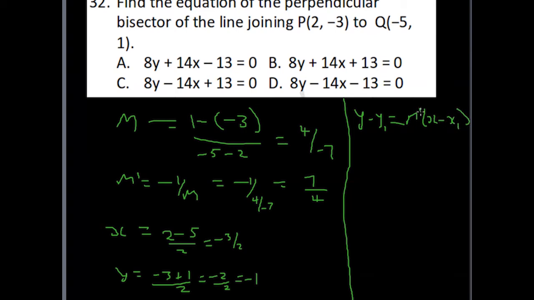In this case we'll be making use of the m prime, so our y1 here is minus 1, so this is 7 over 4.